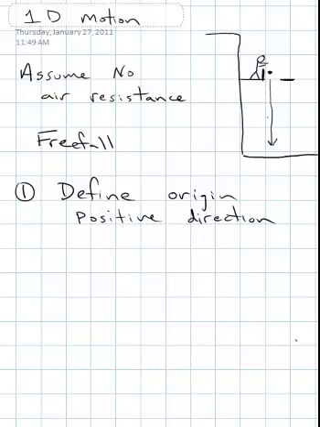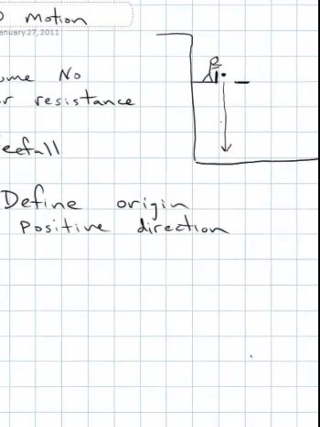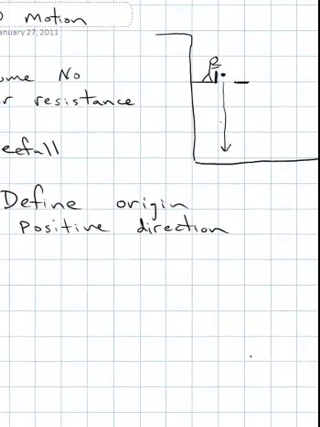But most of us like to use up as positive, and we like the origin to be the lowest point. So that's what I'm going to choose. So I'm going to make this bottom point here my y equals 0, and I'm going to say up is my positive y direction.